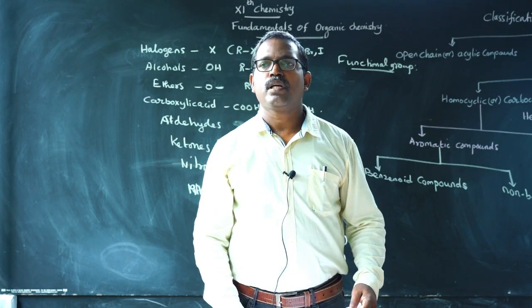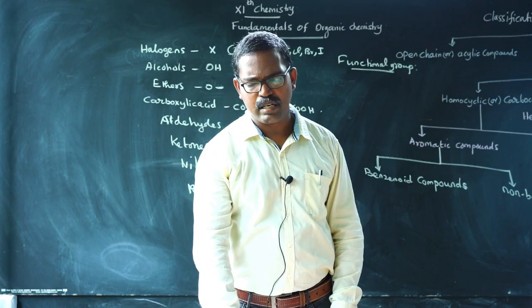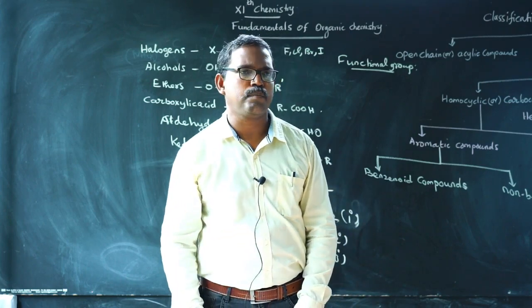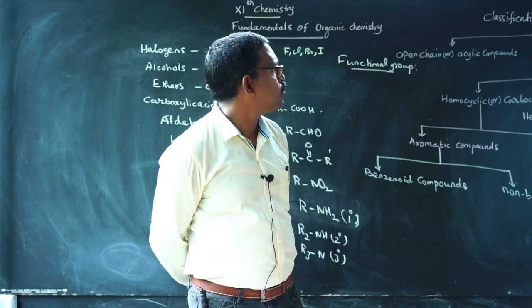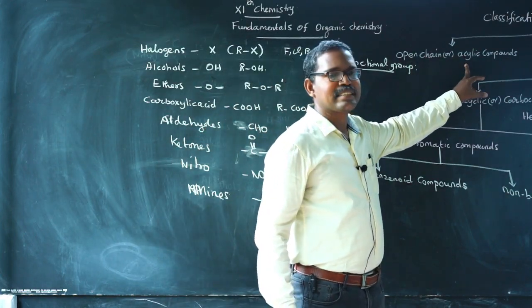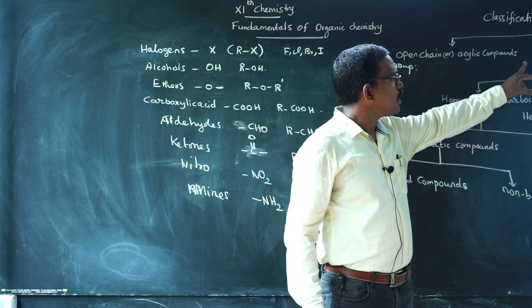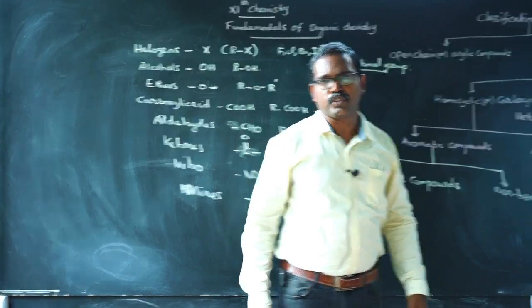Now, the classification of organic compounds. The organic compounds are majorly classified into two types: open chain or acyclic compounds, and closed chain or cyclic compounds.